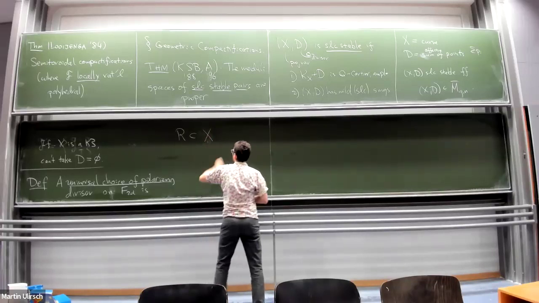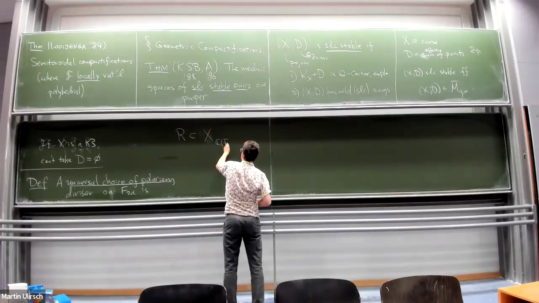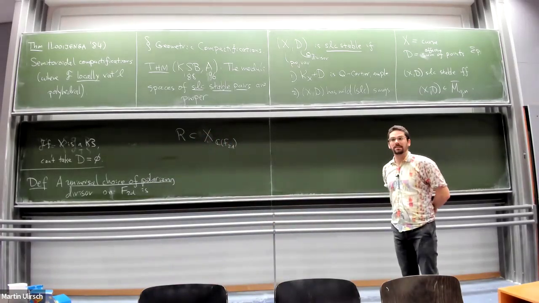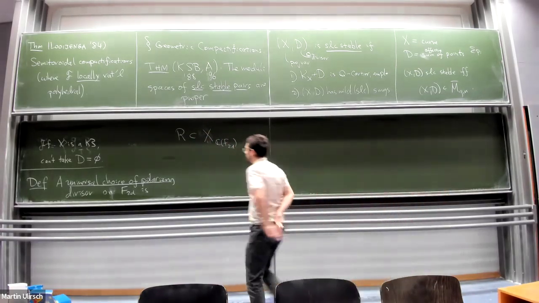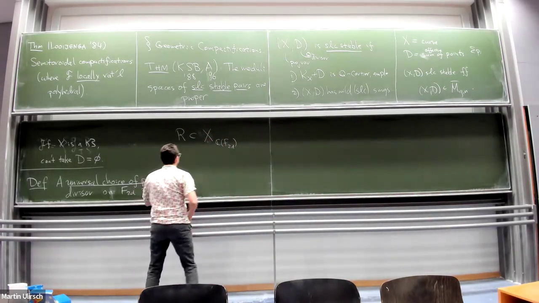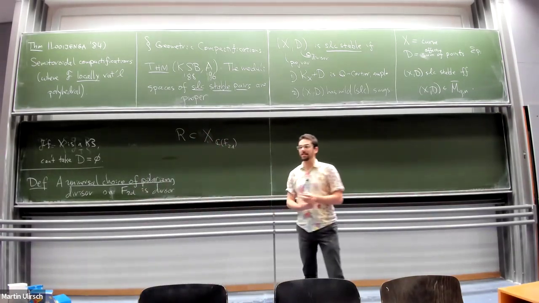So say, the K3 surface over the function field, the K3 surface over the generic point of the moduli space. There's a divisor. Necessarily, it's going to be in some multiple of the polarization.